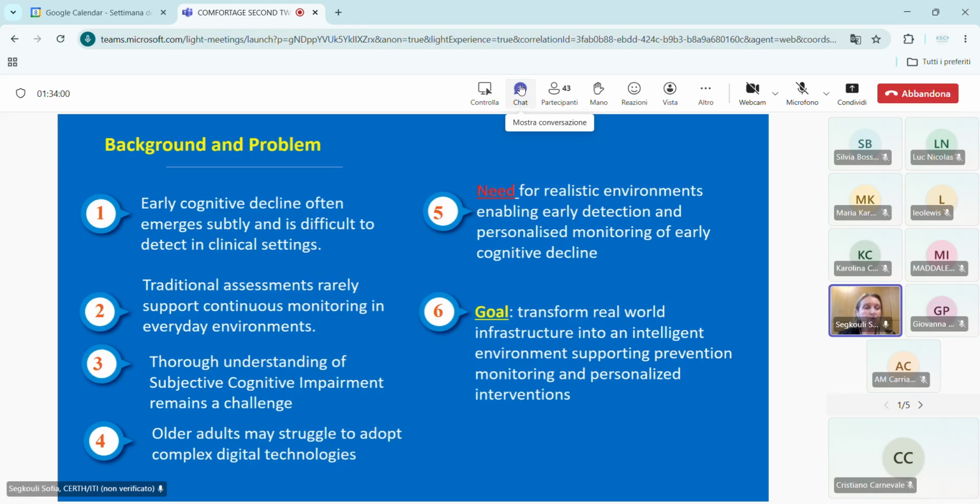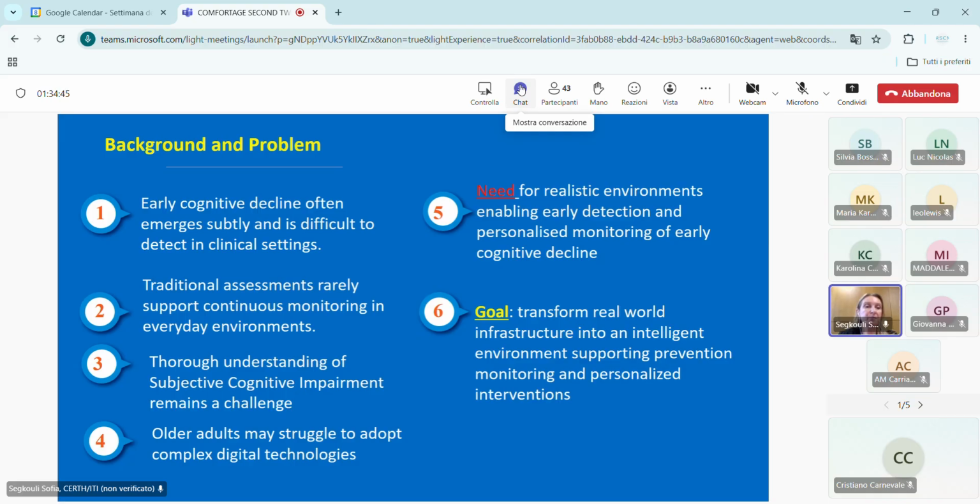For our pilot, it was very important to have a thorough and extensive review of the literature and identify that the main problem was the very early identification of dementia, which is not visible in clinical settings. One of the main challenges in research is that traditional assessments for dementia rarely support continuous monitoring in daily environments.